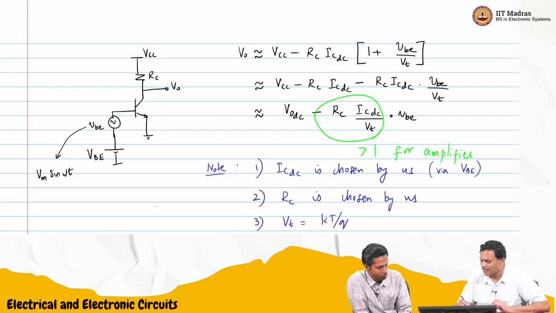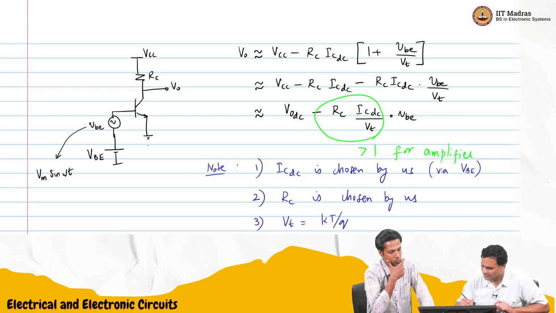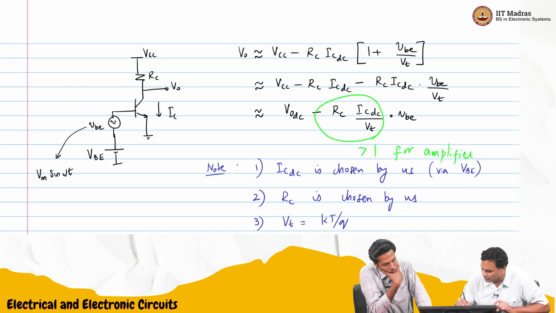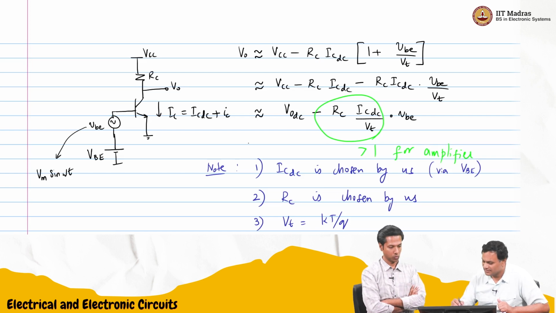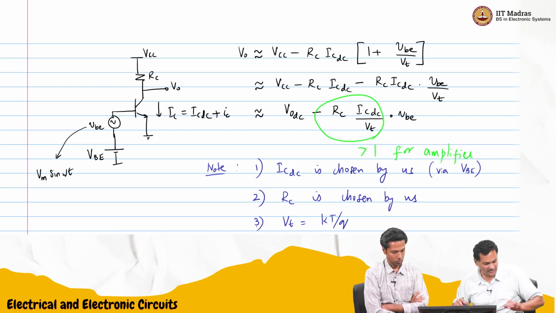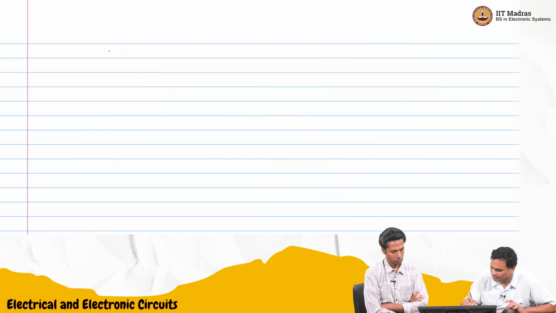So that is part of some current. In fact, maybe we'll write it like that. What we are now saying is this IC is ICDC plus some small ic. This small ic is VBE times ICDC by VT.